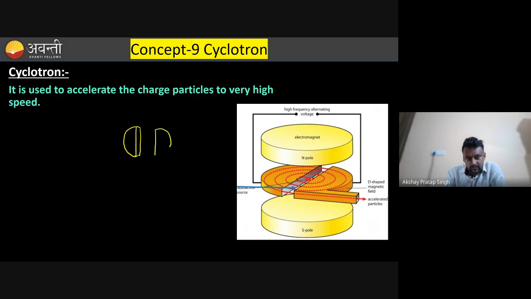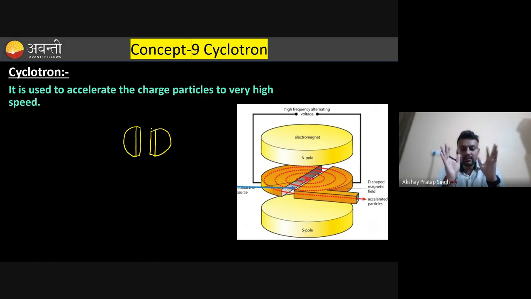This is again hollow. I hope you can imagine. These are the two identical D-shaped conducting materials which are hollow from the inside.